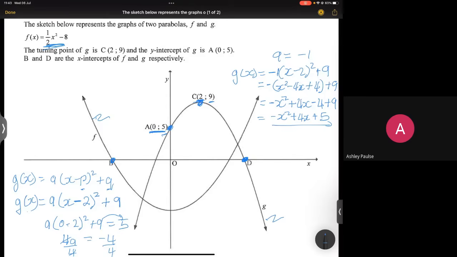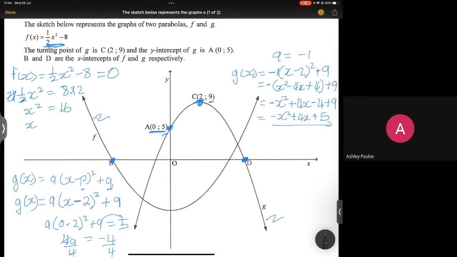So at the x-intercept, we know y is equal to 0. So f of x, which is half x squared minus 8, is equal to 0. So half of x squared equals 8. So I can multiply both sides by 2 to get rid of that. So x squared is equal to 16.